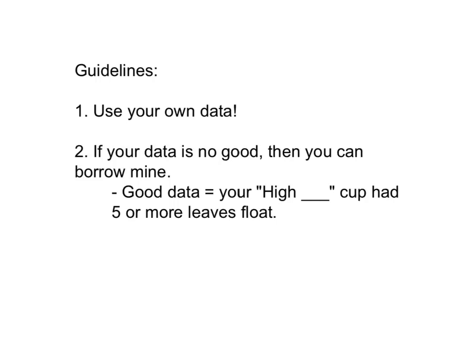If you don't have good data, then you can borrow mine. If you have no good data for your high CO2 or light intensity data, then borrow the high data. If you have no good data for the low CO2 concentration or light intensity data, then you can borrow the low data. If you have poor data for both high and low, then borrow both of my high and low. But again, I stress that you actually use your own data.